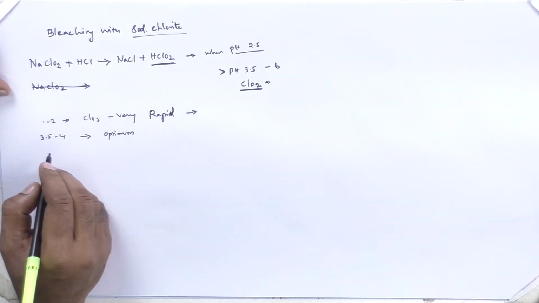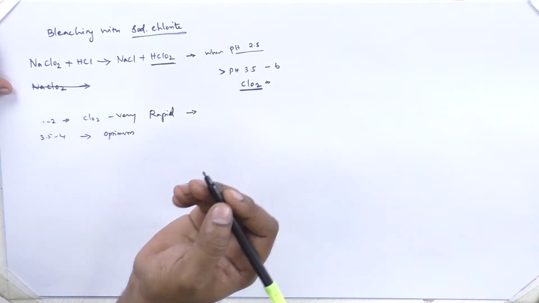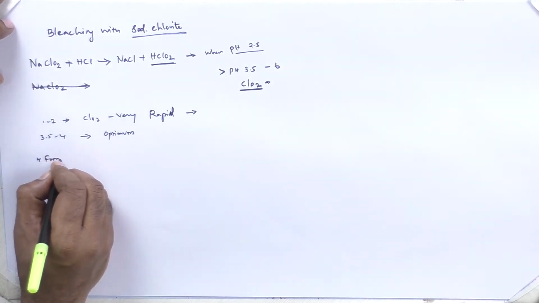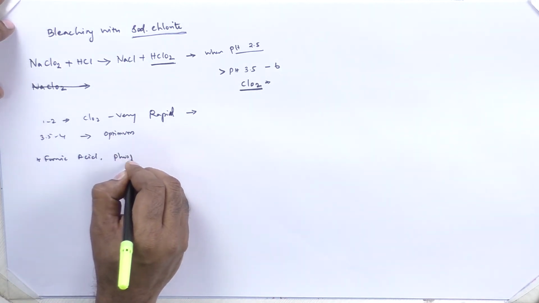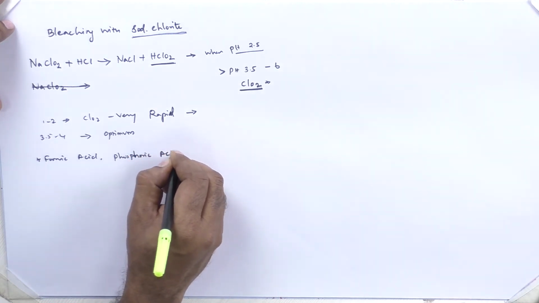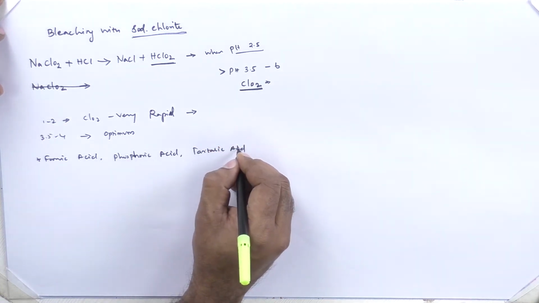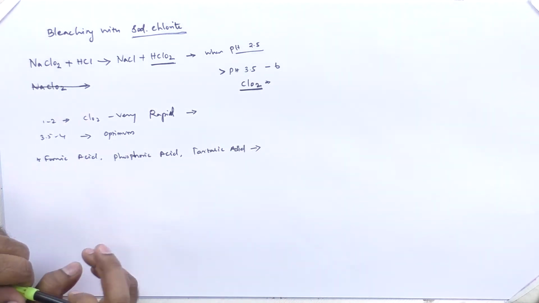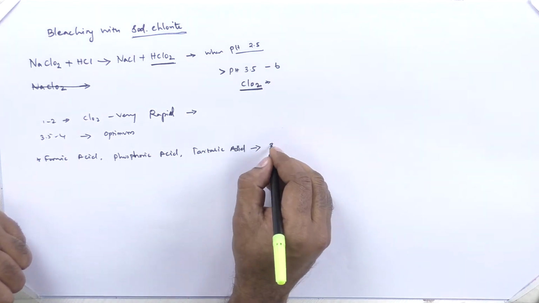So for bleaching we have to activate this sodium chloride by using any acid or acid liberating agents, normally formic acid, tartaric acid, phosphoric acid, which may be used to reduce the pH of the bleaching bath to 3.5 to 4.